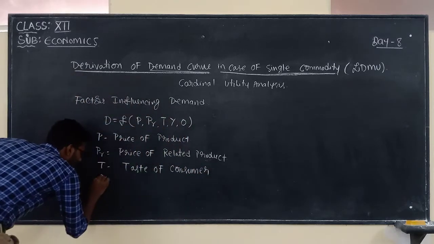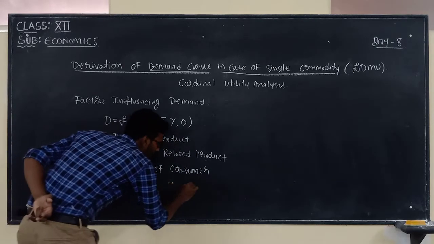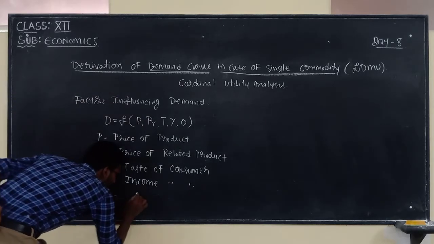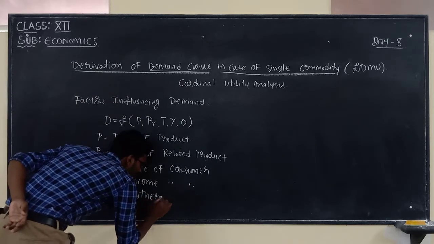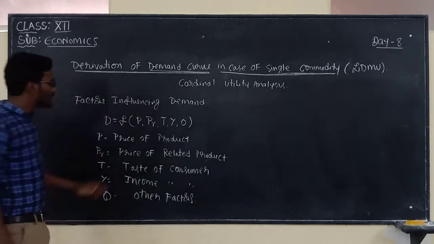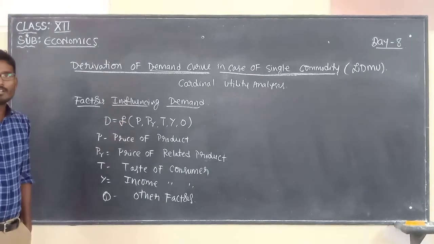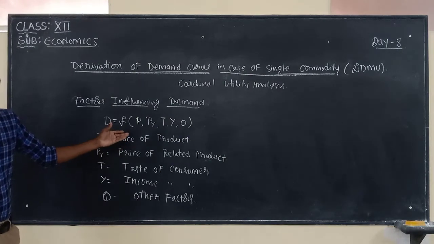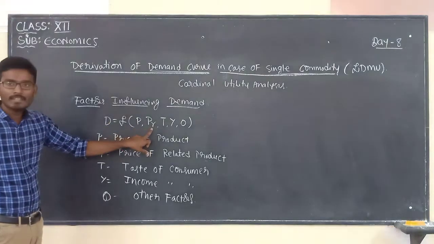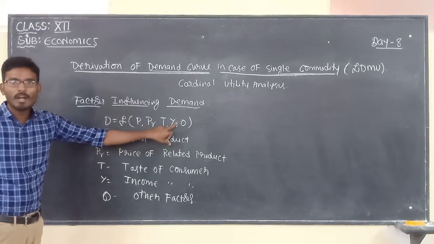Y will be indicating income of a consumer, and O will be indicating some other factors. So these are the major factors influencing the demand of one particular product: price of a product, price of a related product, taste of the consumer, income of the consumer, and other factors.